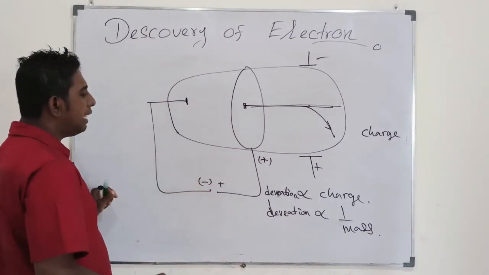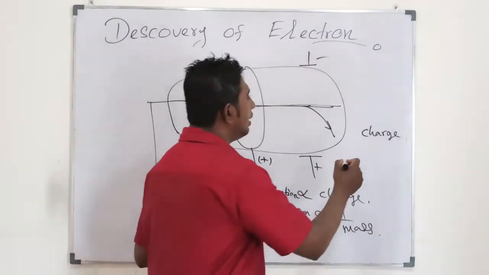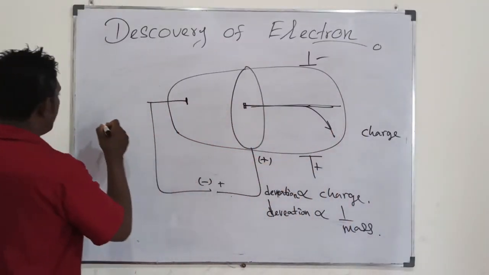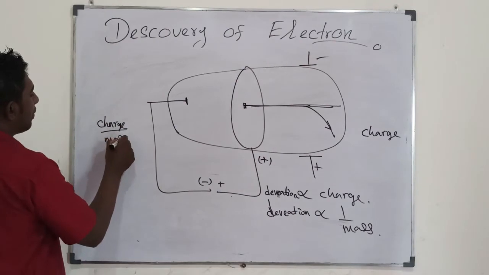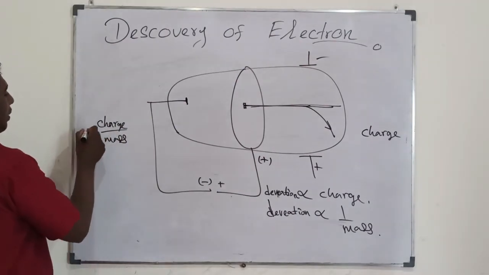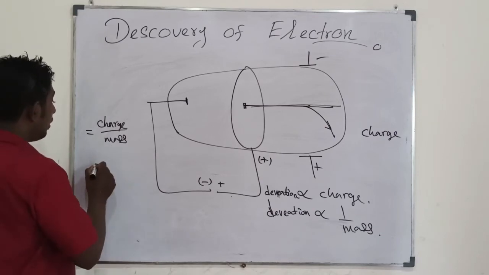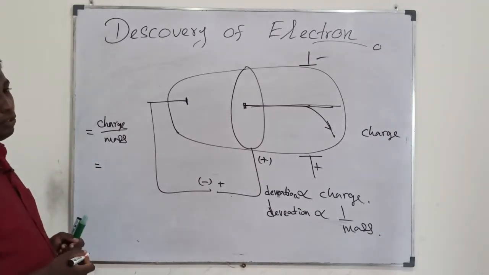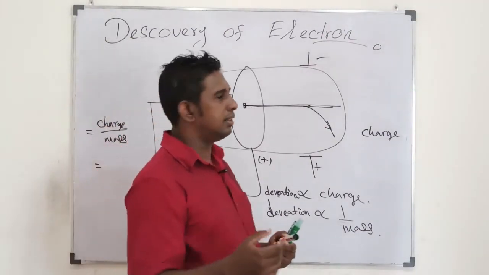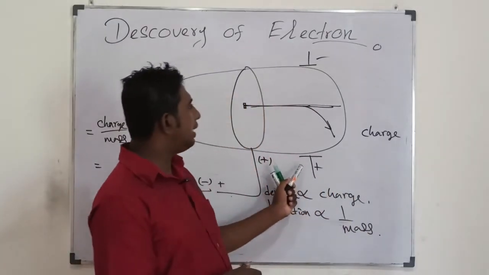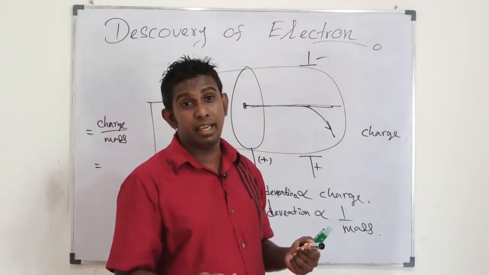So observing the deviation, he told that deviation depends on the charge over mass ratio. So he gave a value for the charge over mass ratio for those cathode rays. He calculated this, knowing the provided electric field. He knew what the electric field was.